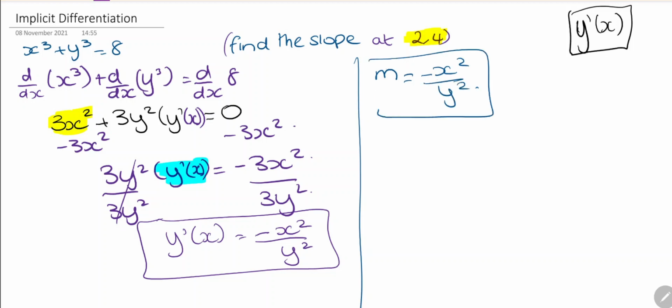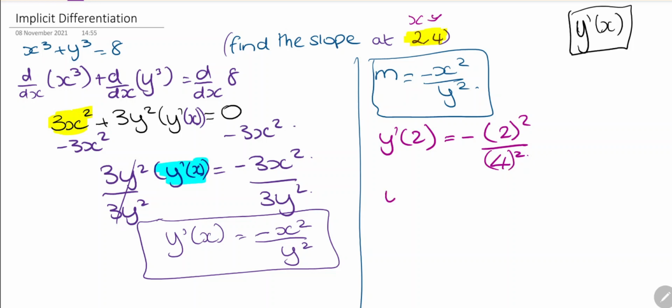But we need to write it in terms of our values. So where we're putting in our value for x and our y, x is at 2. So this is going to be minus 2 squared divided by 4 squared. And if we simplify this, it's going to be minus a quarter. So our m is minus a quarter.